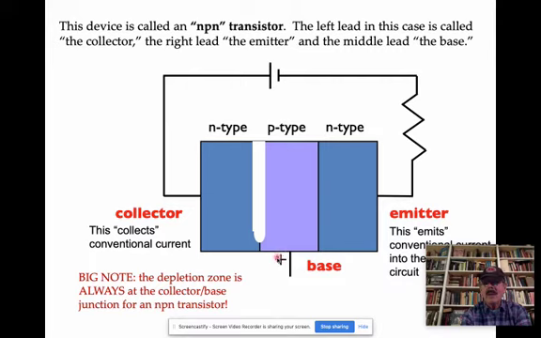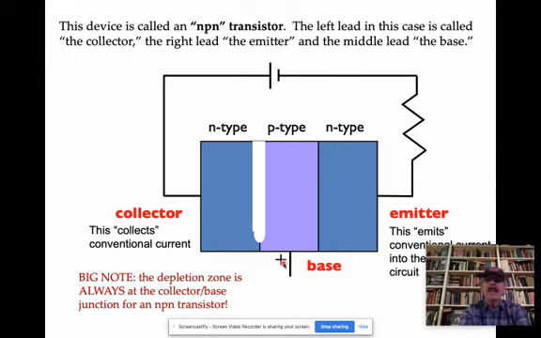But if you make this terminal electrically positive and you make some of the depletion zone diminish, now you're going to get a trickle of current through. And if you make this even more positive, the depletion zone will diminish even more and you'll get even more current through. And in fact, it turns out that the amount of current that ends up flowing through is very, very, very sensitive to how big this polarity is.